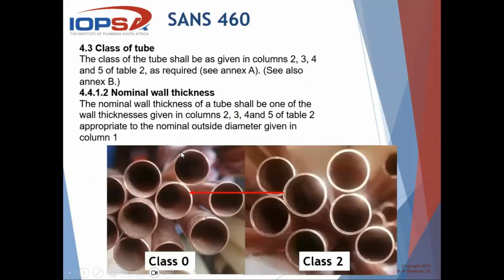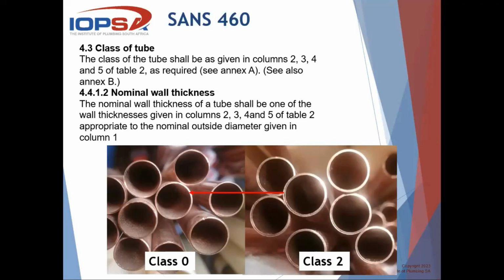So if we look at the classes of tubes, and we might bore some of the people in the audience, but I think it's important just to brush through this again, SANS 460 also says the class of the tube shall be given as per columns 2, 3, 4 and 5 of table 2, which we will have a look at just now.